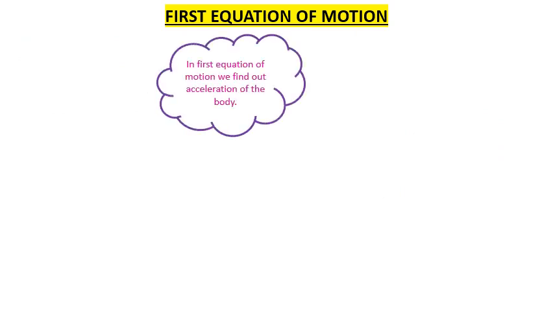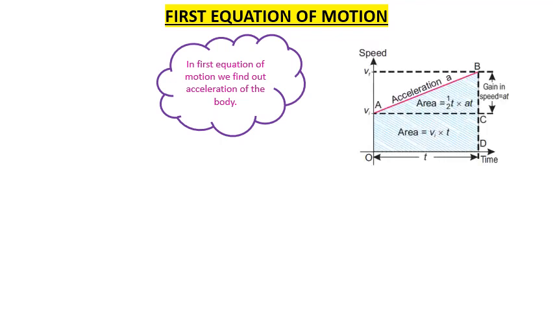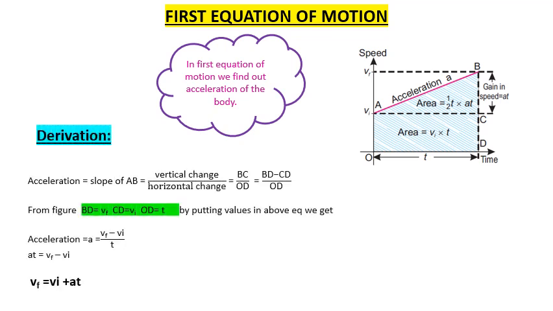In first equation of motion, we will find out acceleration of the body. This equation is used to find out acceleration of the body from speed time graph. If you remember, the slope of speed time graph gives us the acceleration. So acceleration is equal to slope of AB. What is slope?